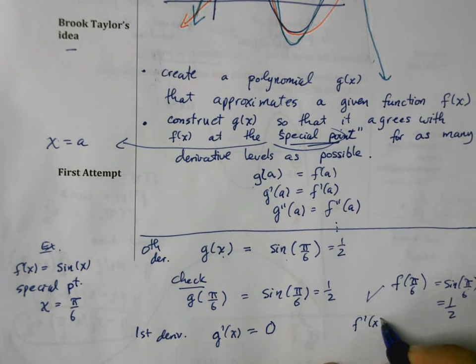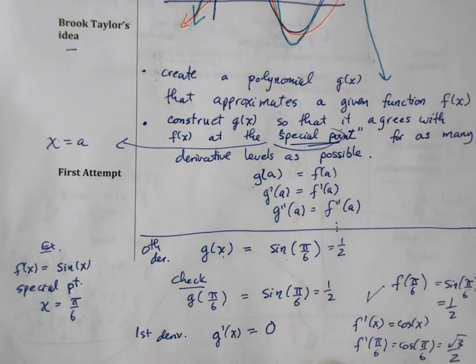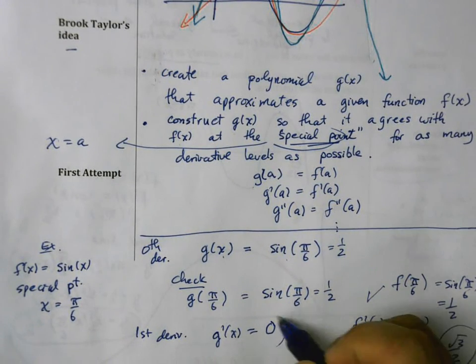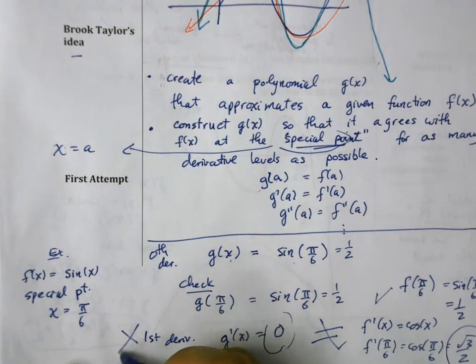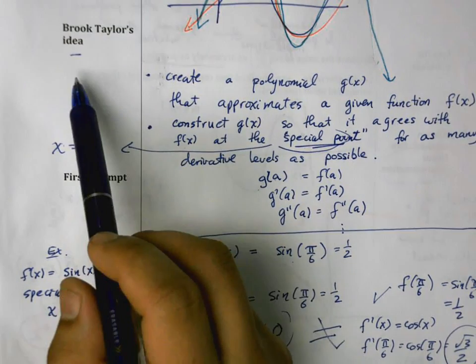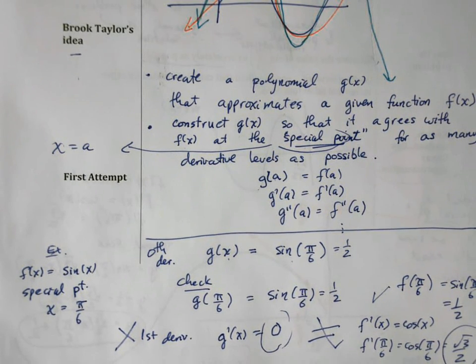For f prime of x, remember that f is sine, so f prime is cosine. And then f prime of pi over 6 must be cosine of pi over 6, which is equal to √3 over 2. And you can see here that these two numbers are not equal, so it failed. Okay, so this attempt at Taylor's idea failed here at the first derivative. So that didn't work too well.